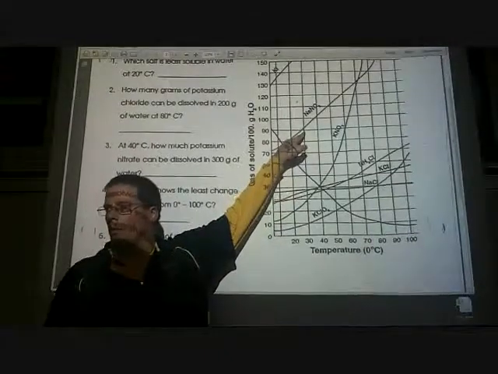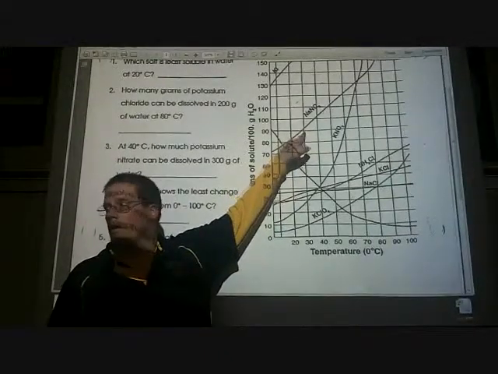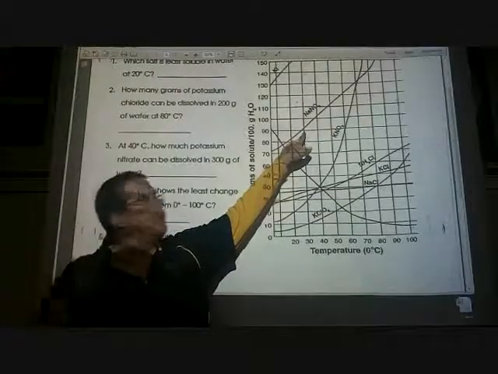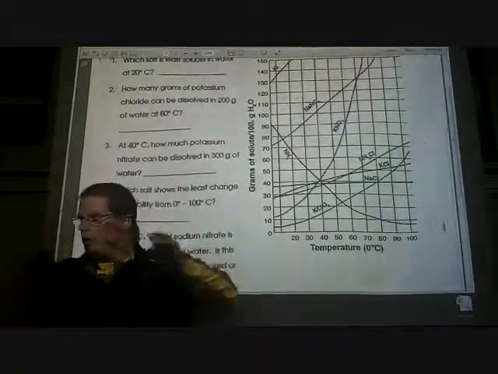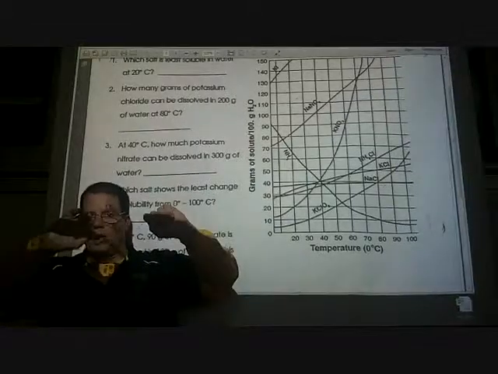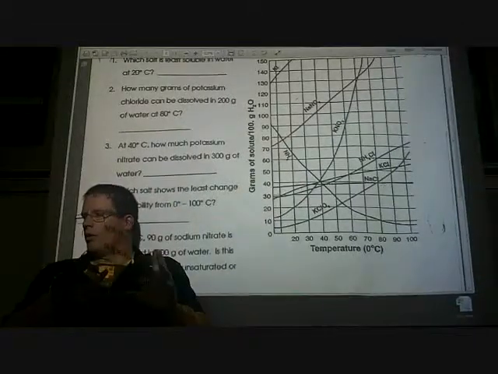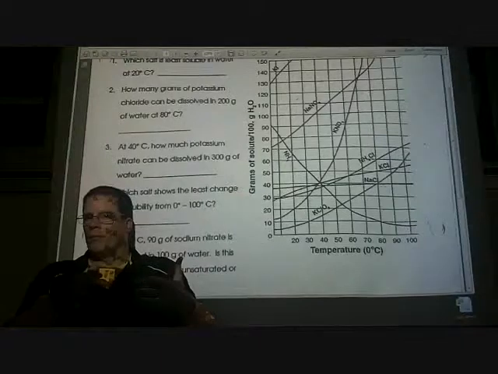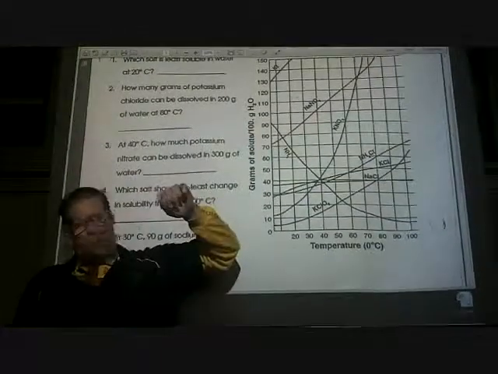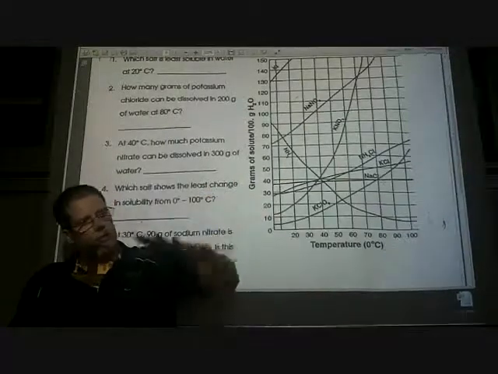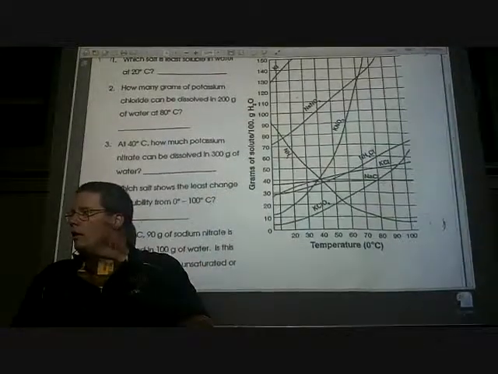Now recall back to when we lectured about saturated and unsaturated. If I pour the packets of sugar into iced tea and it dissolves, what is the solution? It's unsaturated, because it can still dissolve more. If I pour the packets of sugar in there and the crystals just fall to the bottom, what is that?